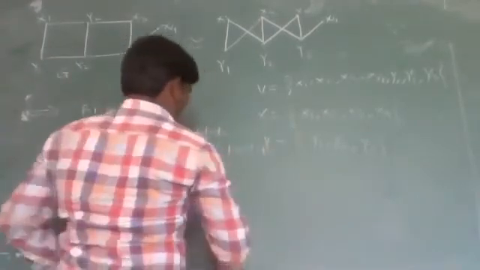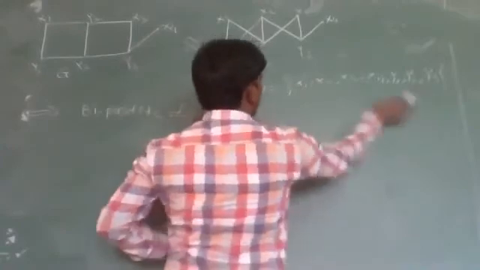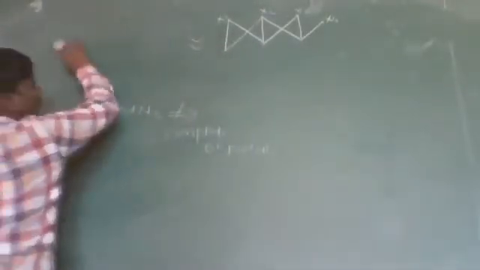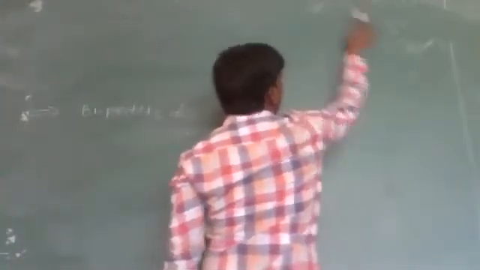Let us check what is the relation between complete graph and complete bipartite graph. First, take one complete graph and check whether every complete graph is a complete bipartite. And let us see. So, take one complete graph K3. This one graph K4.